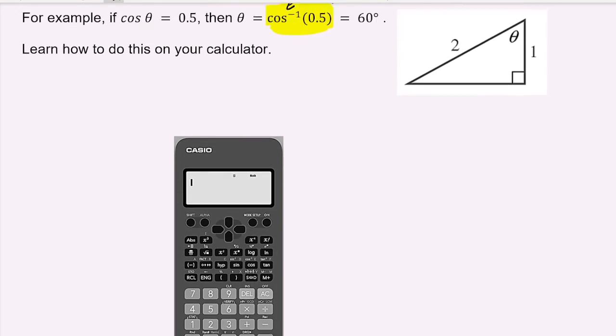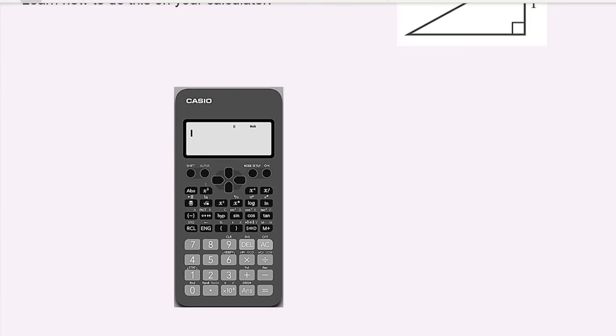We can do this on our calculator if we use the shift key, right? So that's the shift key, or second function, it could be called second function. On this particular calculator, we have our sine, cosine and tangent buttons.